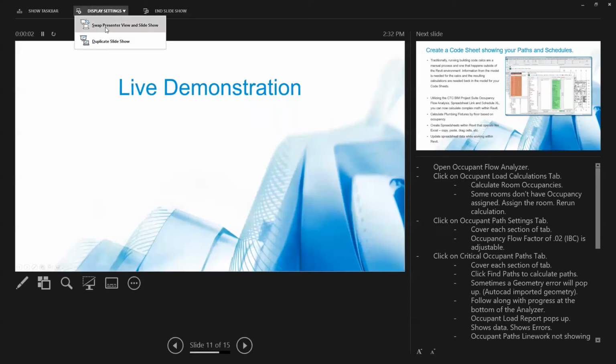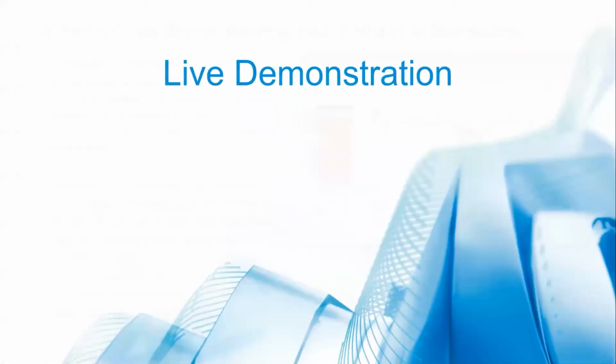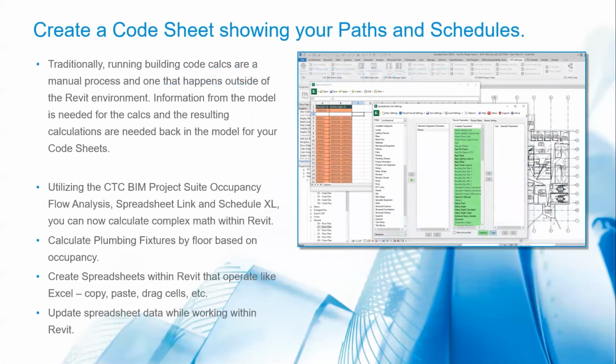And so when you create a code sheet, you recall I showed you earlier, you're able to generate a path of travel, and basically you can show the path of travel, name it, show the distance, the time it takes to go from point A to point B. Well, traditionally when you do that, your calculations, like I've said, are outside, and now you want to do it inside. And then you have to create a spreadsheet, and then you have to insert that spreadsheet into Revit.